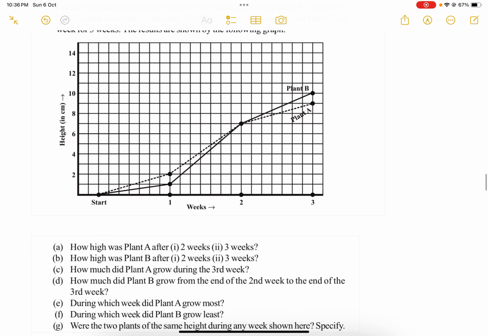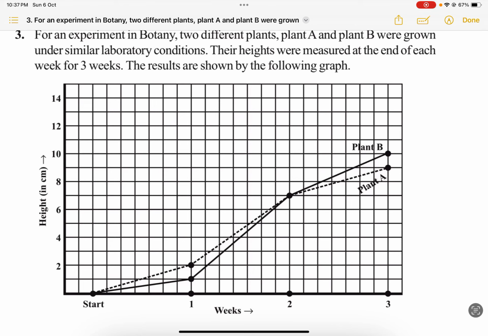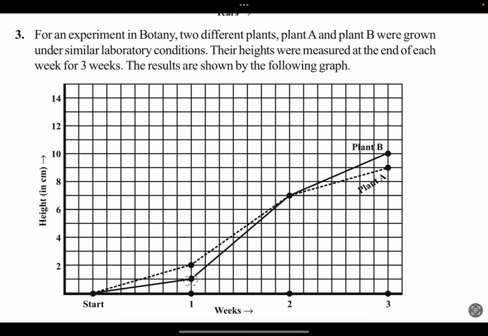And then, how high was plant B after 2 weeks and after 3 weeks? So after 2 weeks, what about plant B? The first week it is this one, after the second week it is this one, and this is the third week. In the second week the plant has grown from 1 centimeter, this is 1 centimeter, correct? So 1 centimeter to 7 centimeters.